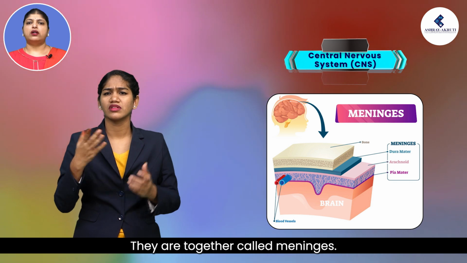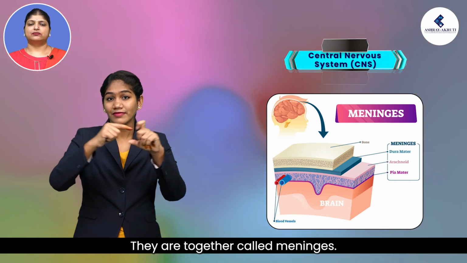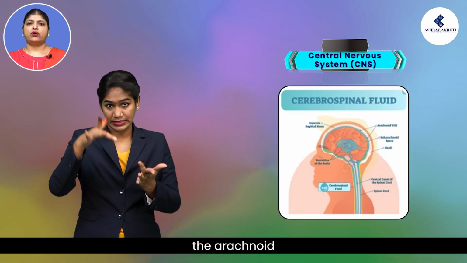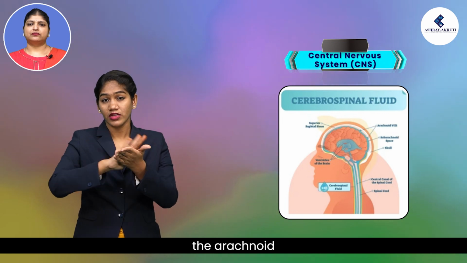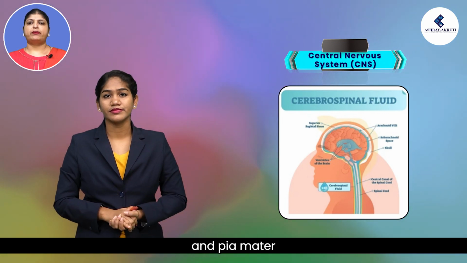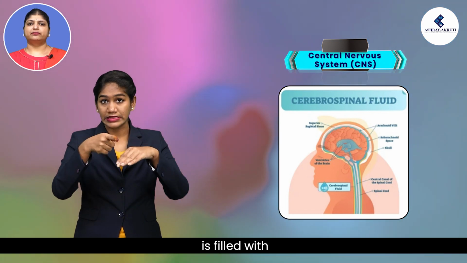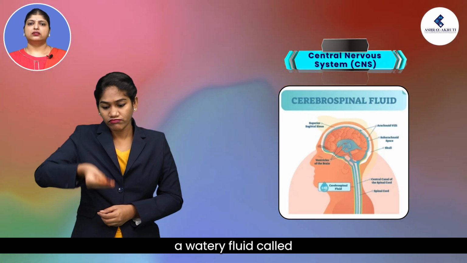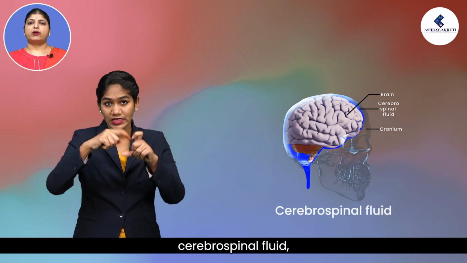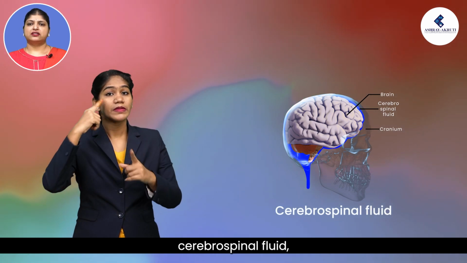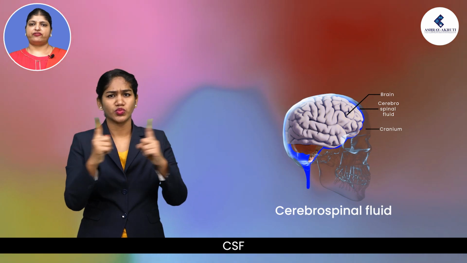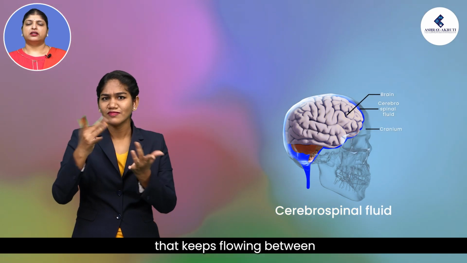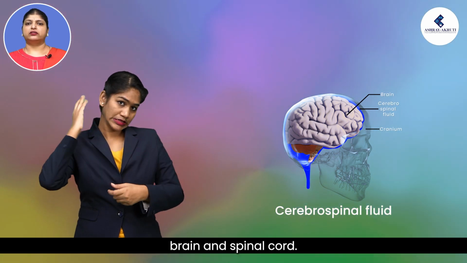They are together called meninges. The space between the arachnoid and pia mater is filled with a watery fluid called cerebrospinal fluid, CSF, that keeps flowing between brain and spinal cord.